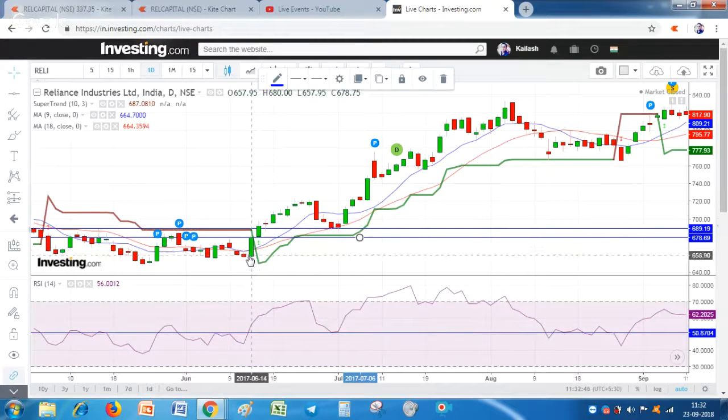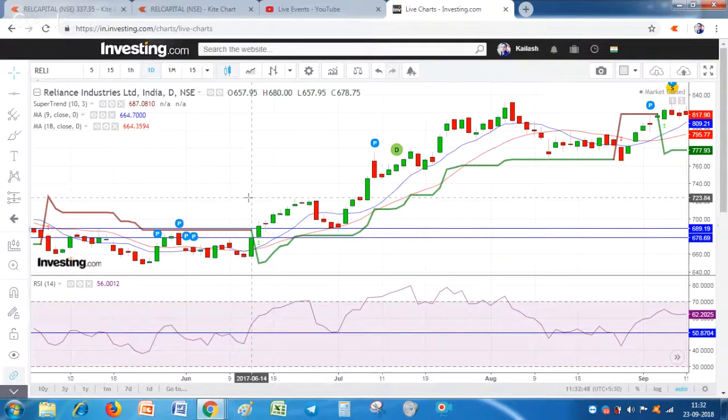Before entering, we should decide that we are ready to take this much risk. It's a risk of about 35 points. If we are comfortable with 35 points of risk, only then should we take an entry. Before entering any stock in any quantity, we have to decide on the risk of 35 points on a positional basis.